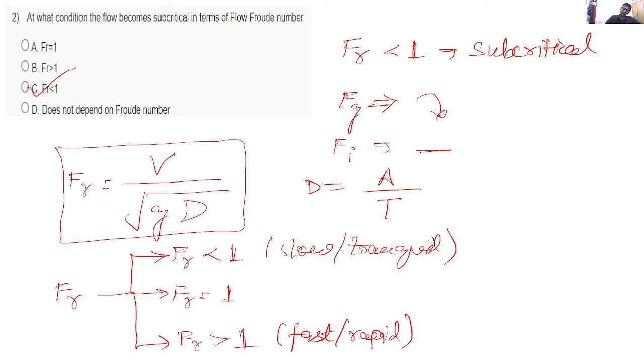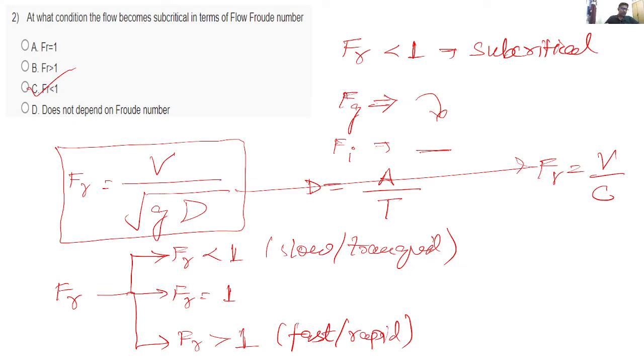At critical flow, the wave celerity is equal to the flow celerity, right? So this can be represented as Fr equals V by C, where C is the wave celerity. At critical flow, the celerity will be equal to the flow velocity. That is, any disturbance to the surface will remain stationary.